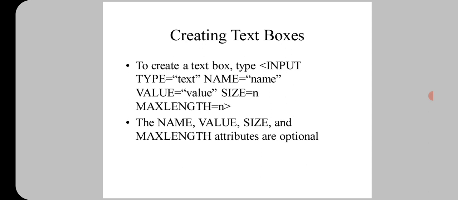By using the input tag only, we may create different types of form controls. So input type equals text, name equals within quotes some name, value equals within quotes some value, size equals n, and maxlength equals n. Input type equals within quotes text means to create a text box.